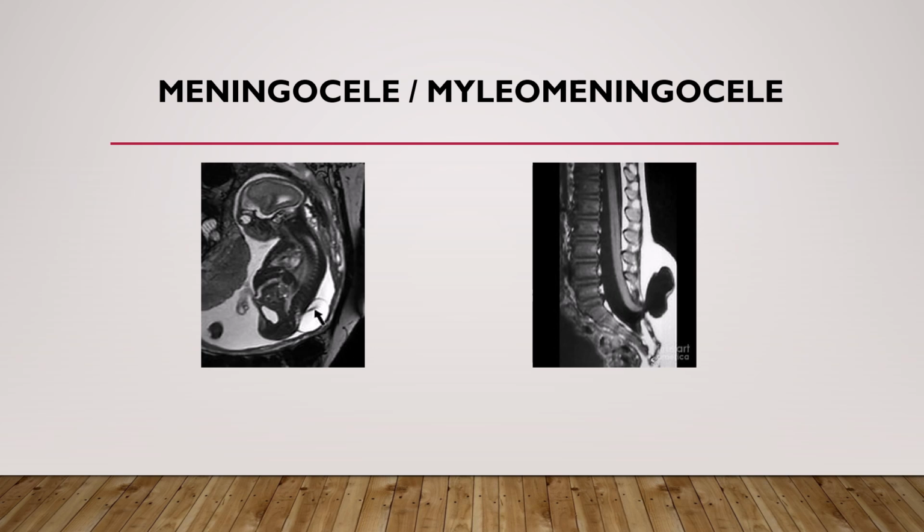Another picture showing tethering of the cord, and there is a sac bulging outside from a defect in the spine, meningocele or myelomeningocele. These are the most important lesions you can see when examining the pediatric spine. And thank you.